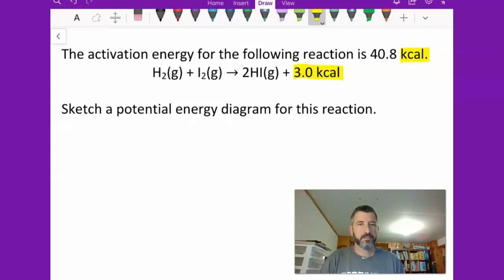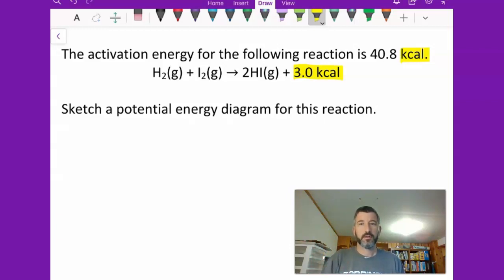So sketch a potential energy diagram where we have this amount of heat given off, and this is our activation energy. First of all, draw it as exothermic, because we've already decided that this is exothermic. And I want you to try to make your hill so that the activation energy and the delta H are correct relative to each other.